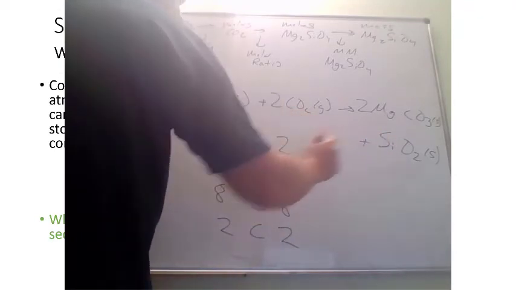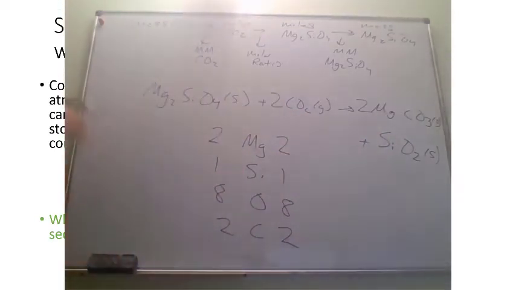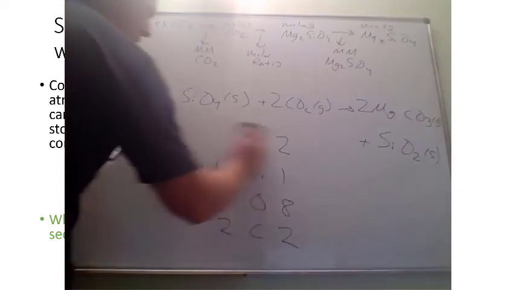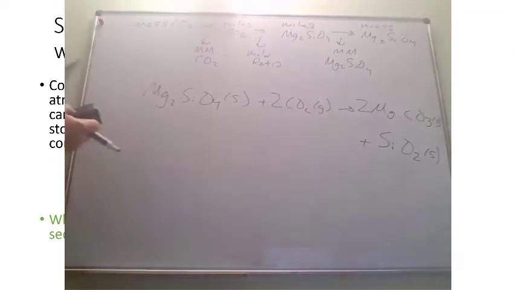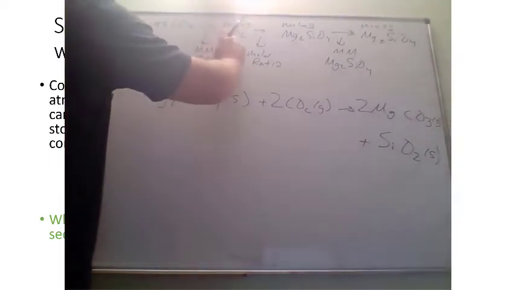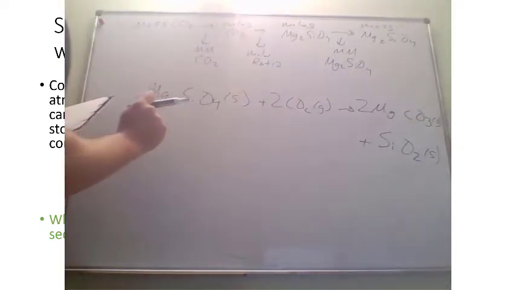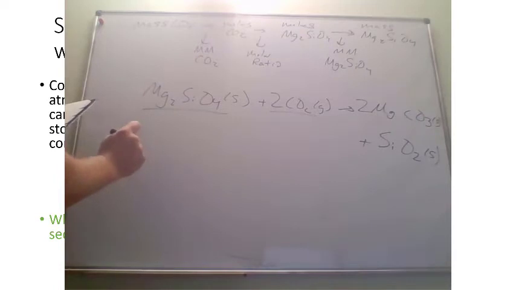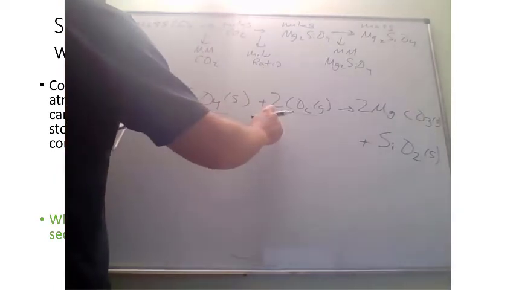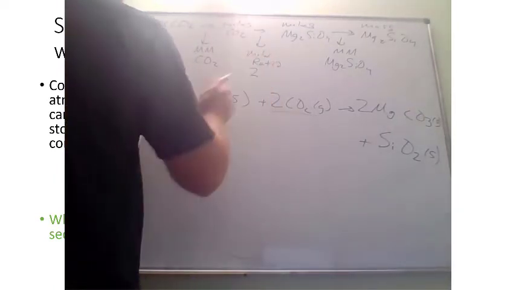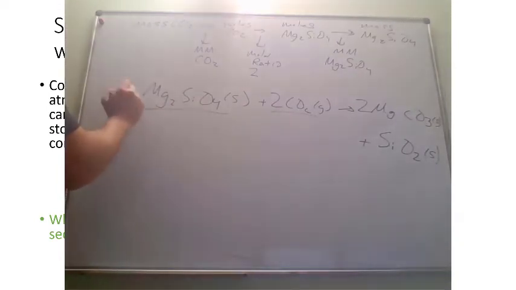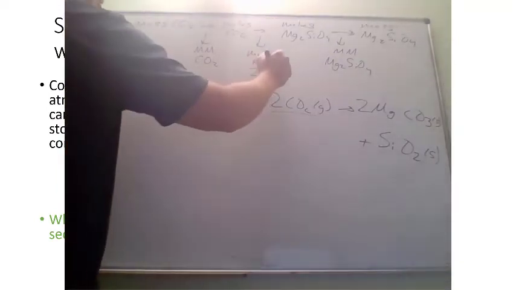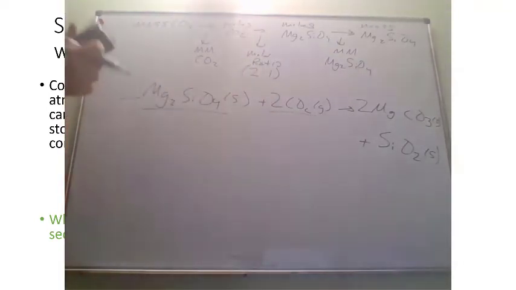And then silicon, we have 1. So we can see that this overall chemical equation is balanced. And so we can look at this chemical equation and find our molar ratio. Our molar ratio between CO2 and Mg2SiO4 is a 2 to 1 molar ratio.